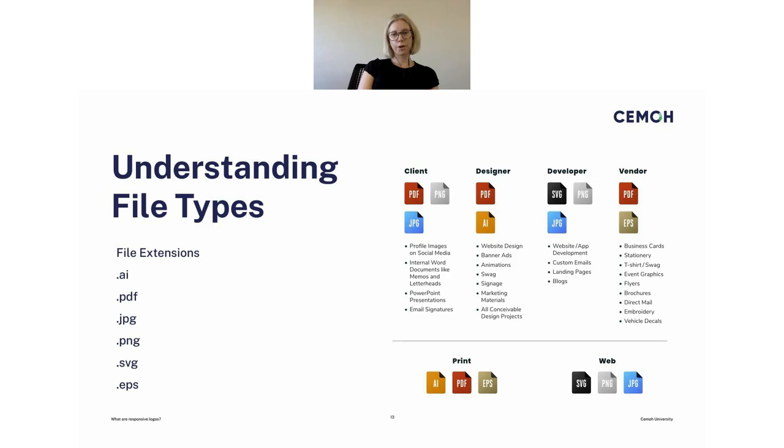Developers generally prefer to work with SVG files because they're scalable. PNG and JPEG files are great for them as well. I would prefer PNG files because they have transparency. You can create them with and without transparency, but your PNGs will likely have a smaller file size than your JPEG.